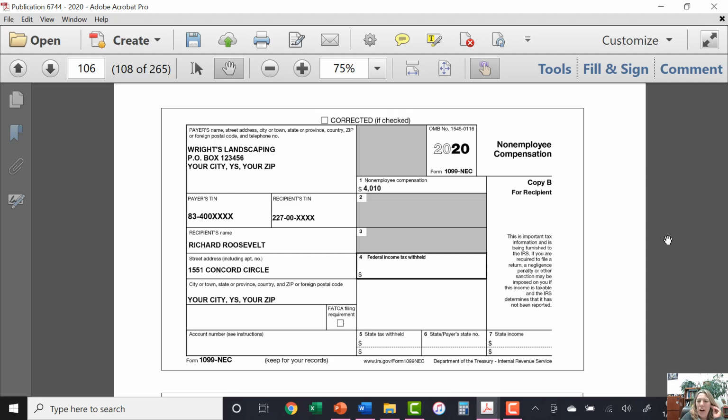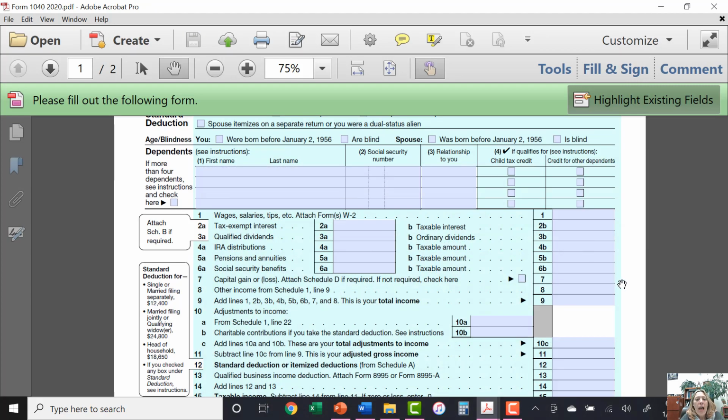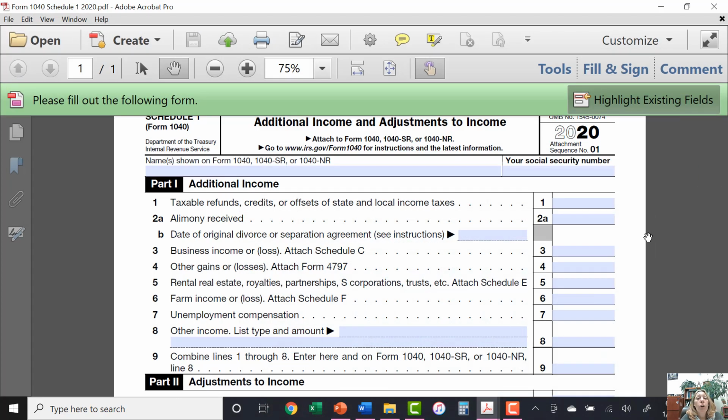I know in some of our testing questions, they talk about required minimum distributions from retirement accounts. When we get to those questions, I'll talk about them then, but I'm not going to talk about them particularly right here. Okay? All right. So that basically is my discussion over income. Like I said, it's a rundown, fast kind of thing.